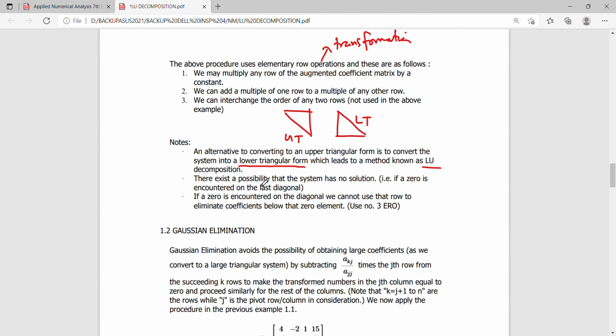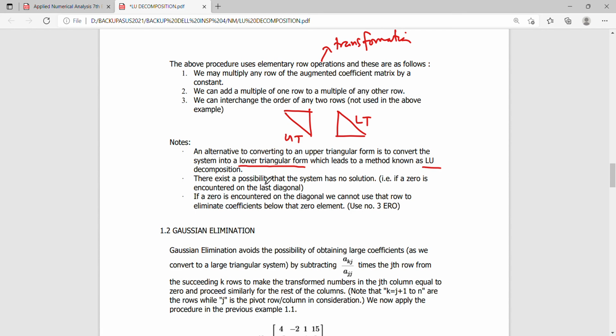So there exists a possibility that the system has no solution if a zero value is encountered on the last diagonal. So we cannot do anything about it if that is the case. So if a zero is encountered on the diagonal, not the last diagonal, we cannot use the row to eliminate the coefficient below that zero element.